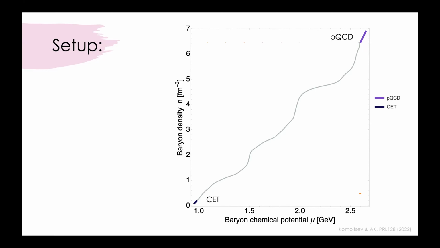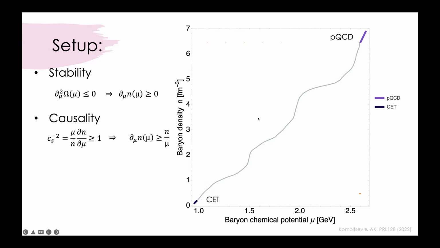And so in this space of density and chemical potential, the stability tells that the interpolation has to be monotonic. Causality tells that there's actually another slightly larger minimal gradient for this equation of state, for this line that depends on n and mu. Probably this line that I draw here by hand probably would violate it because there's a quite flat quotient.